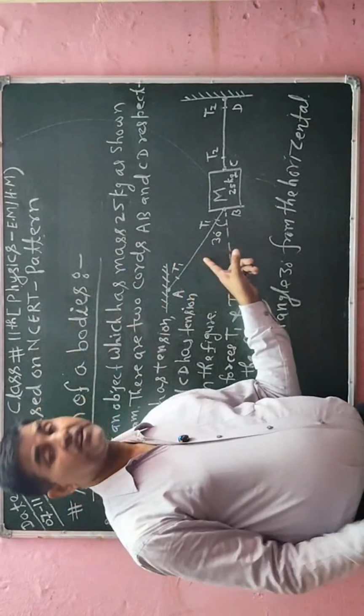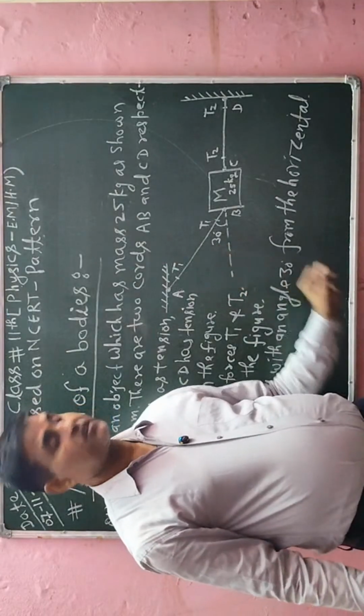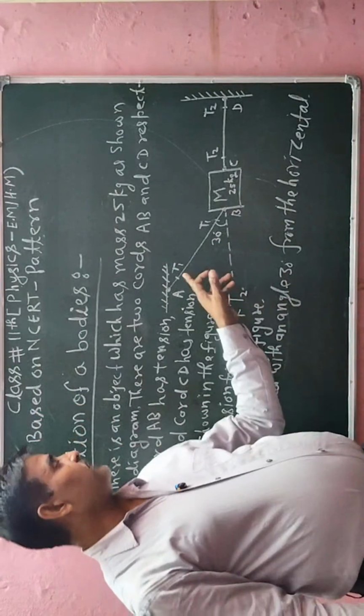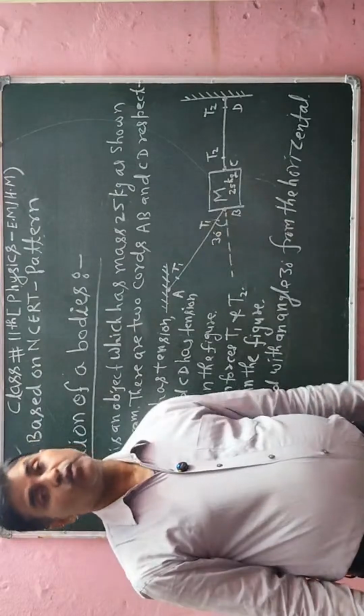AB chord is connected at an angle of 30 degrees from the horizontal. So we have to calculate the tension force T1 and also T2.